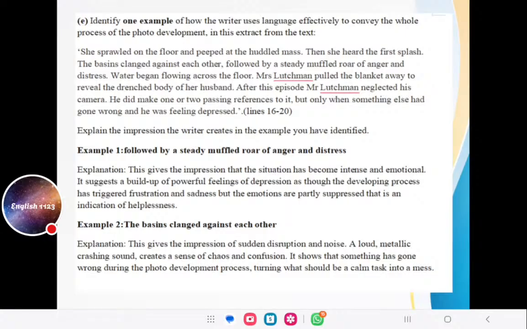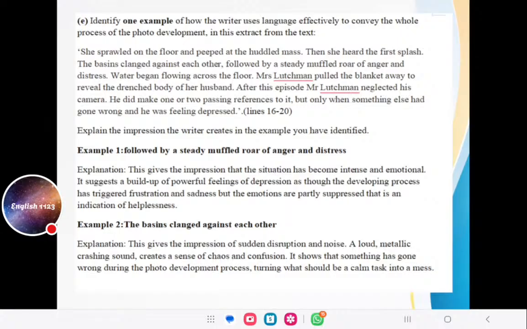For the first example, from Mr. Luckman's photography skills, the text that you did in your mocks. First example that I have chosen: "followed by a steady muffled roar of anger and distress." In the explanation, I'm going to pay attention to the words anger, distress, roar, or maybe muffled also.